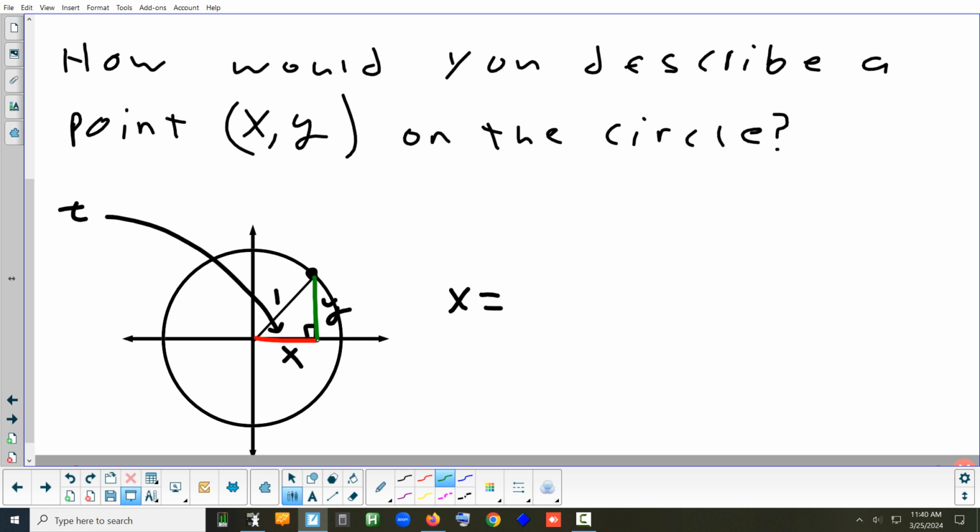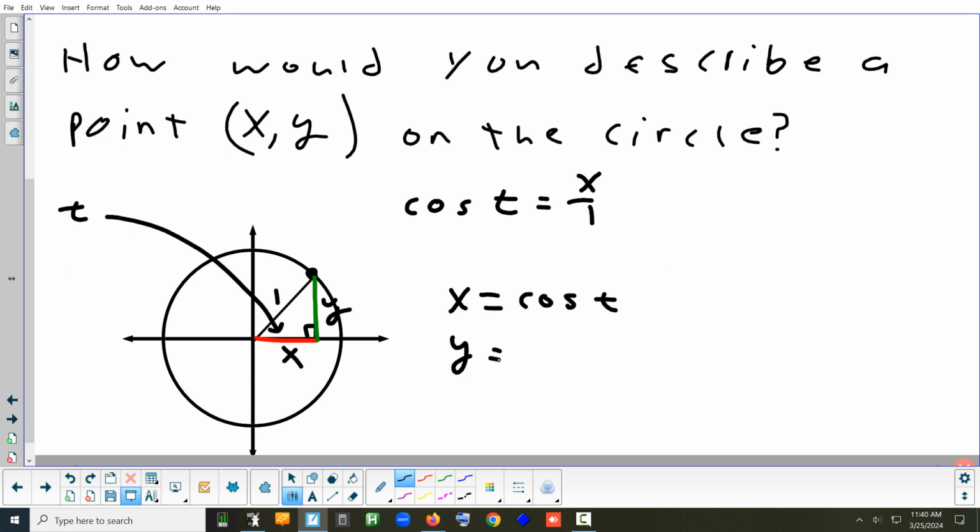So what's the trig function that would involve x and the hypotenuse? Cosine. All right, so what would that be? Cosine of t equals what? X over 1. So then, if we want to solve that for x, what's x? Cosine t.